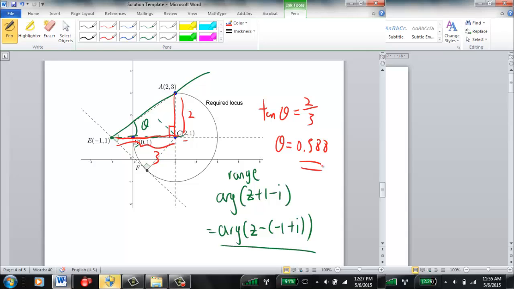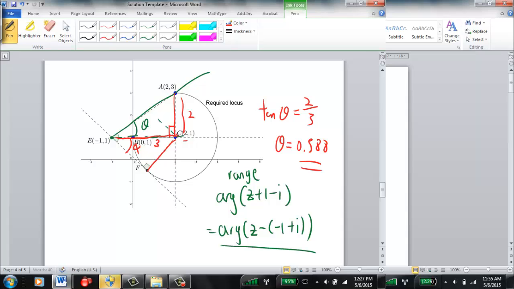Okay, let's go on to finding alpha. Okay, let's see alpha. We know that this is 3 units. We know that, right? Now, this part is actually the radius of the circle.